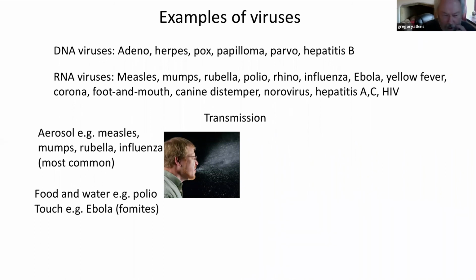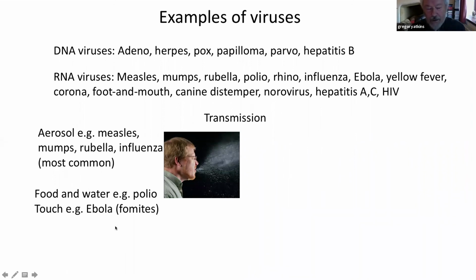Another way that they can be transmitted, and we think, but we don't know, that coronavirus might be transmitted in this way, is on objects that you touch. These have a technical term, they're called fomites. Ebola virus is only transmitted in this way.